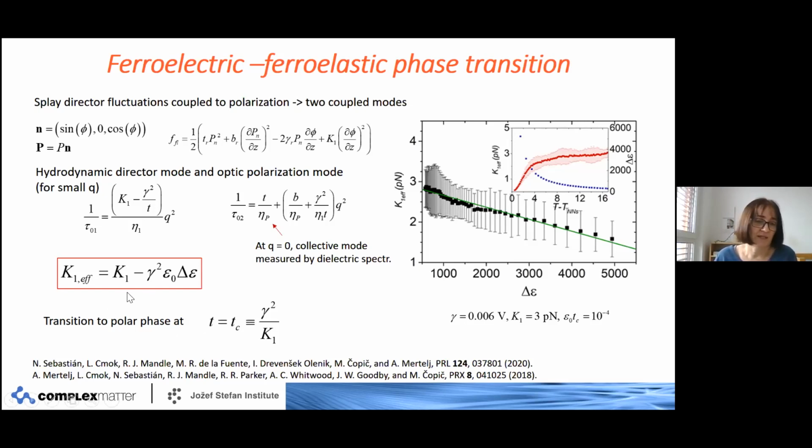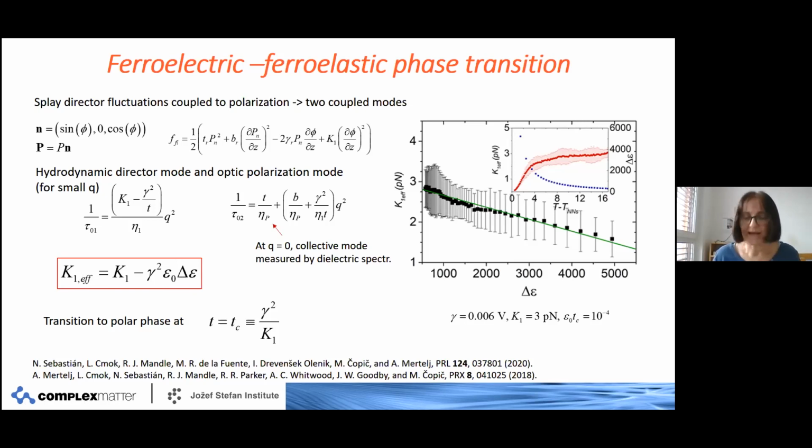And what you can see here is that at some value of the amplitude of the polarization mode, this effective elastic constant will be 0, which means that this phase will become unstable for splay deformation.